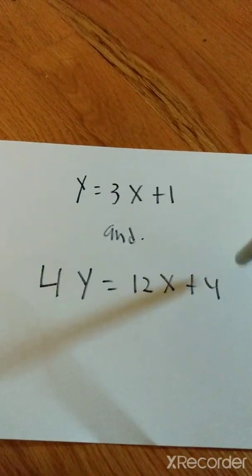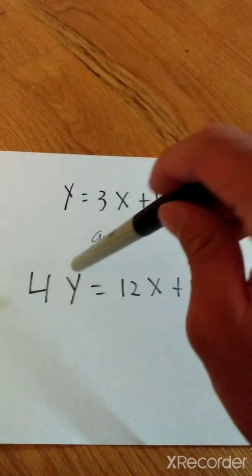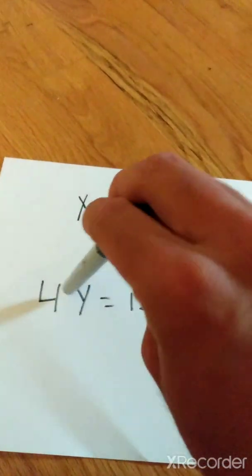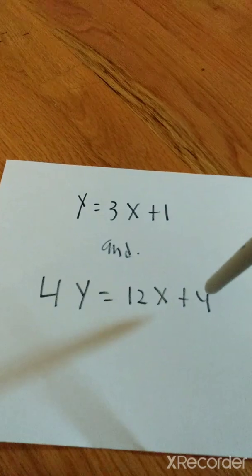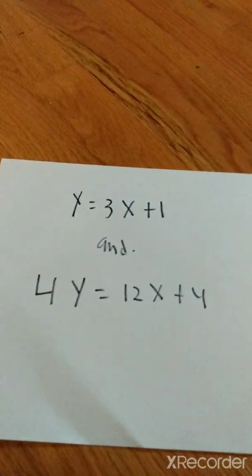The second equation, yes, we're gonna have to deal with, because the y is not isolated. There's a 4 right there getting in the way of y.